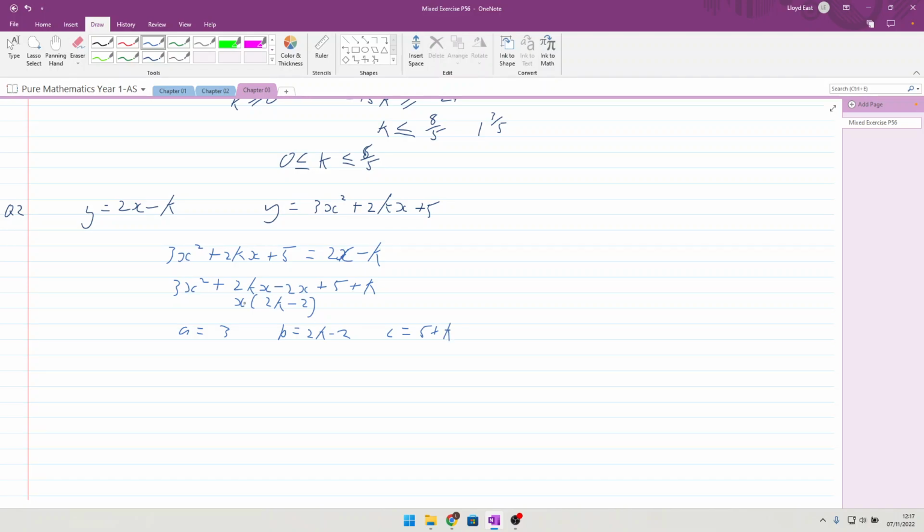So we're going to use the discriminant again, b squared minus 4ac, and we want to choose the discriminant that is less than 0, so it doesn't actually have any real solutions.